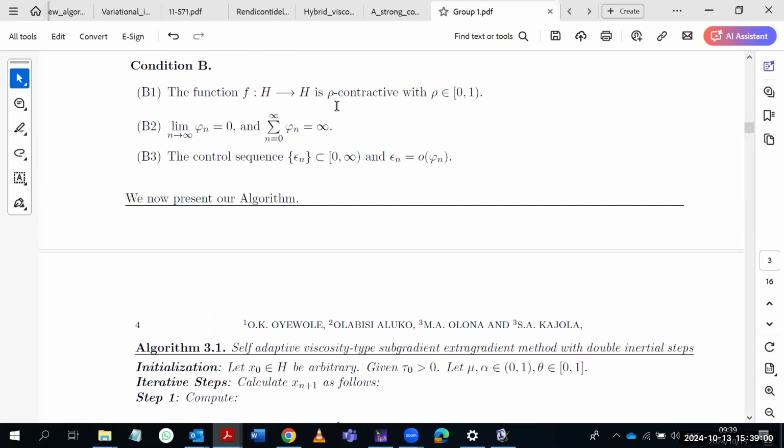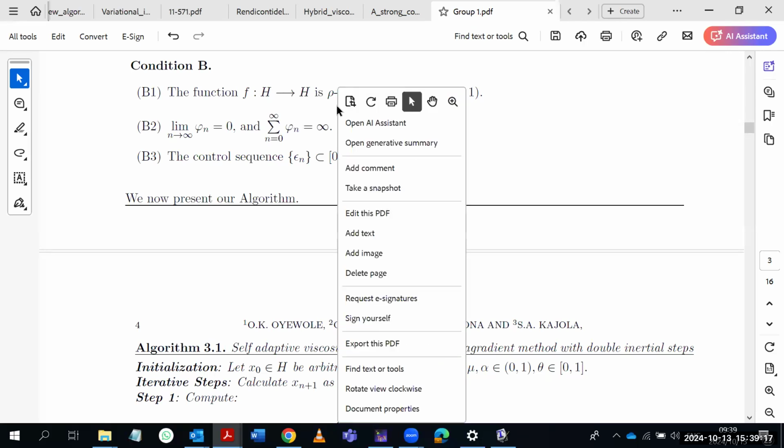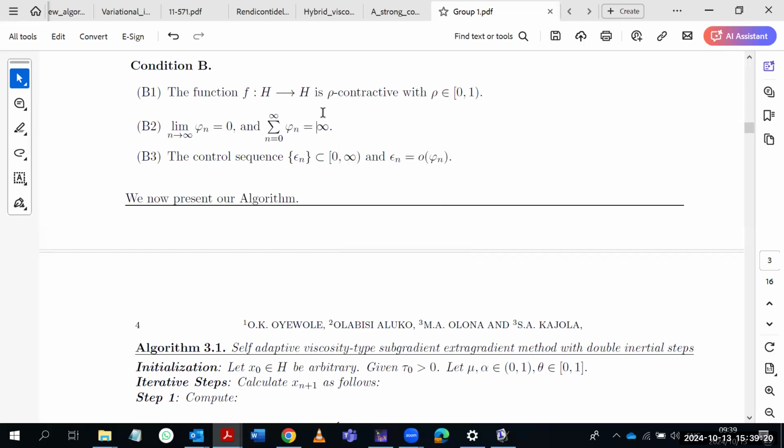But will that interval start with 0? I don't think so. I think 0 is not inclusive. I don't know, maybe I'm wrong. Because the interval defined here is half open, half closed. And I don't think that's the definition of contraction.